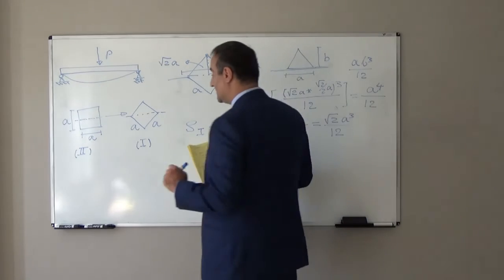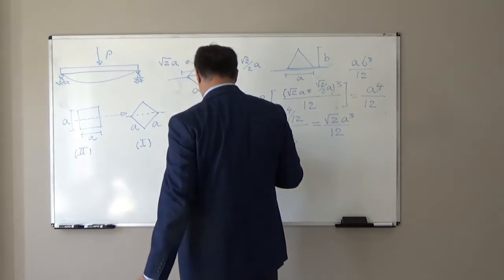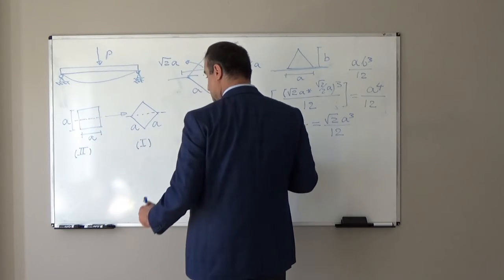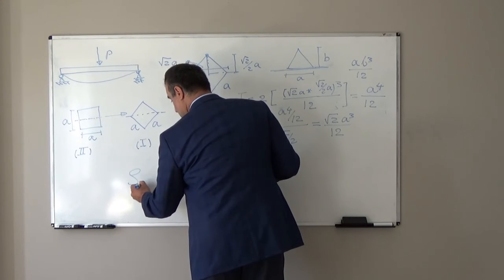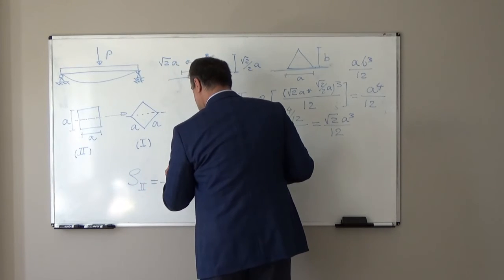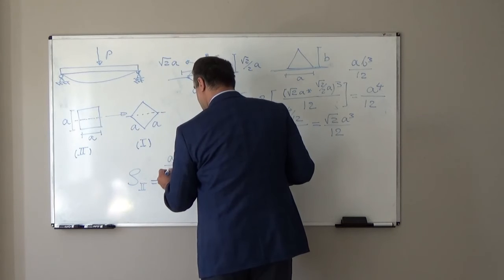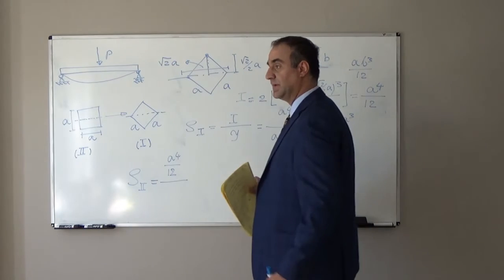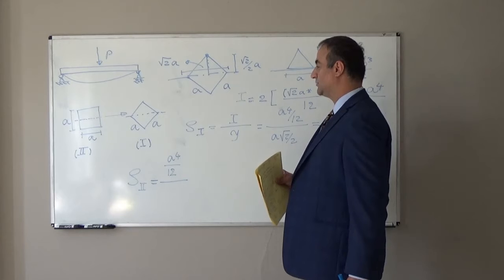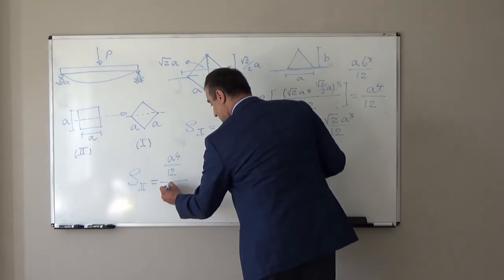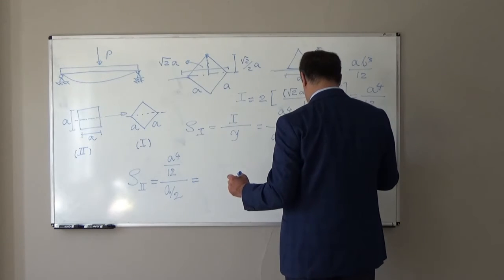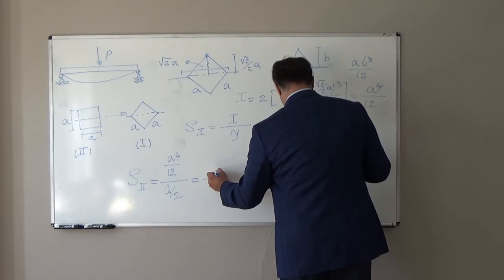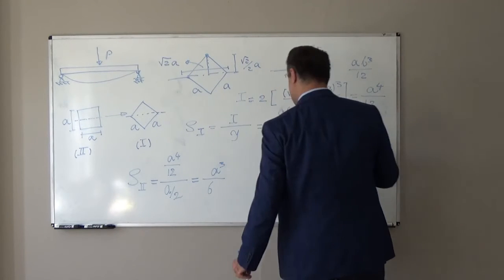Let's look at case 2. Case 2 is a square shape. For the square shape, the moment of inertia is A to the power of 4 over 12, and the extreme fiber distance up to the neutral axis is A over 2. The answer for this, if we simplify, will be A cube over 6.